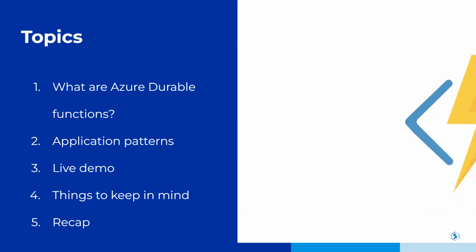We want to take a look at some of the most common application patterns that you can use when implementing Azure Durable Functions. We're going to have a quick live demo. We're not going to go in depth on all the patterns or all the functionality that you can integrate with Azure Durable Functions.